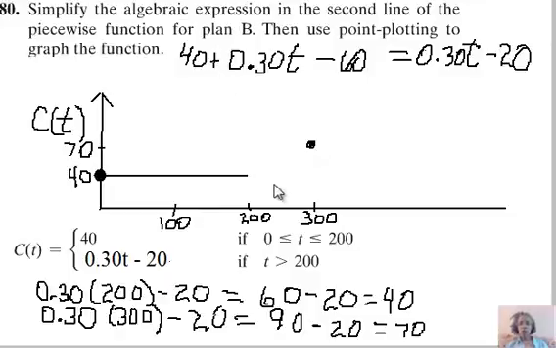And so I want to draw a line that connects this portion to here, and that line continues indefinitely. So that's what the function would look like, something along this line. And notice how I used point plotting to obtain this. Alright, so that's all we were being asked to do in number 80.